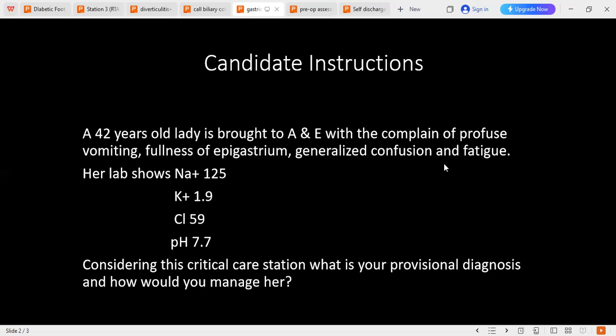Would you be able to classify hyponatremia? What are the different types of hyponatremia that can occur? Hyponatremia can be isotonic, hypotonic, or hypertonic. Isotonic can be due to hyperlipidemia or hyperproteinemia, and hypertonic can be due to hyperglycemia or mannitol or sorbitol.